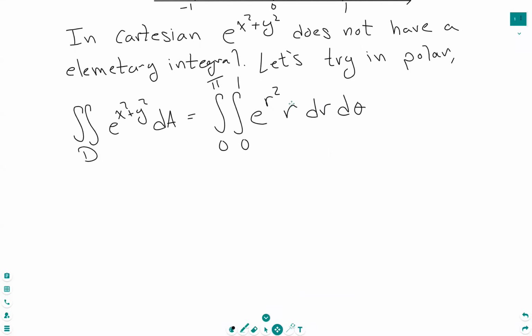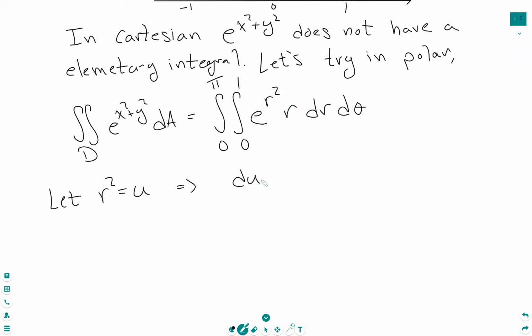In fact, this r is so helpful. If this r wasn't here, we wouldn't be able to integrate this using techniques that we know. So let's go ahead. Because this r is here, this is actually a u substitution. So we can let r squared equal u.